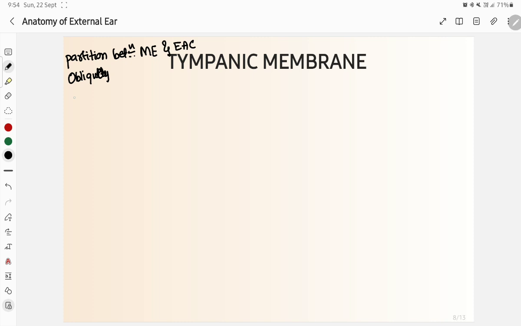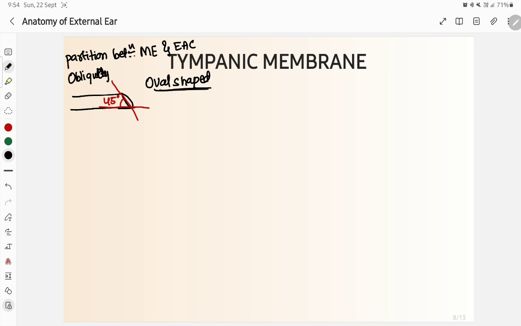Look at this canal and this is our tympanic membrane. Can you see it is not straight, it is not perpendicular to the floor, is it? It is at an angle of 45 degrees with the floor of the EAC. So it is obliquely set. It is oval shaped. It's not totally circular, it's oval shaped.